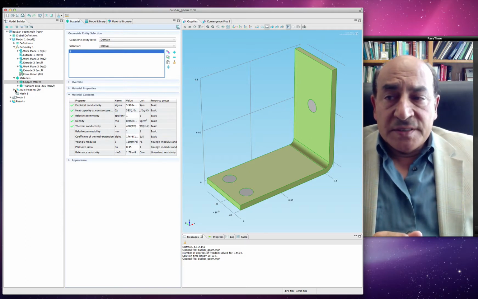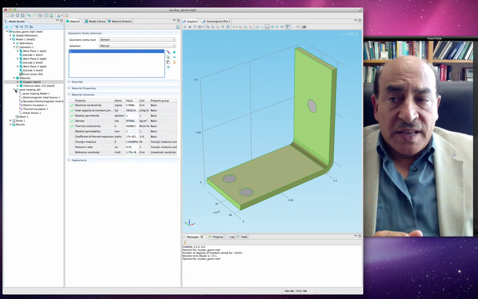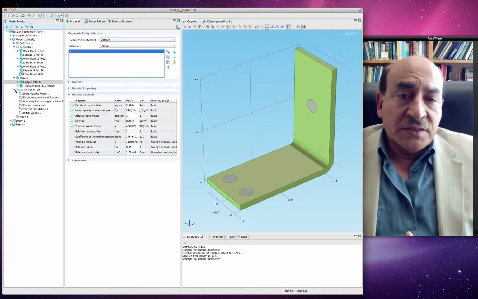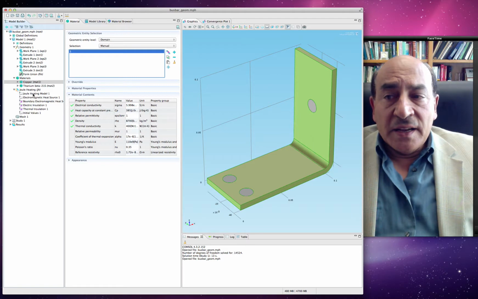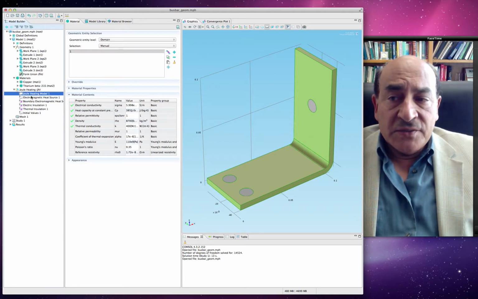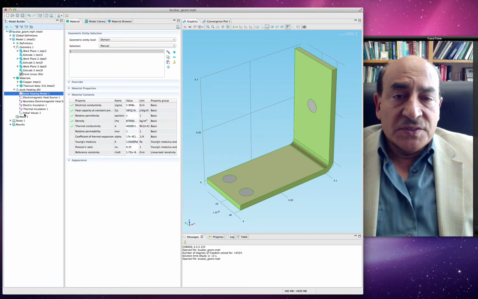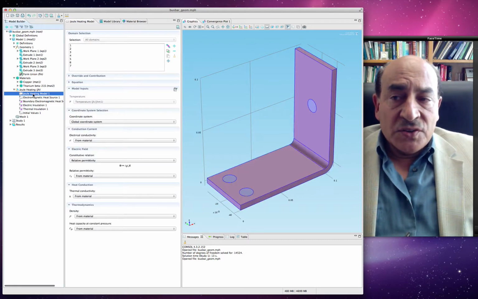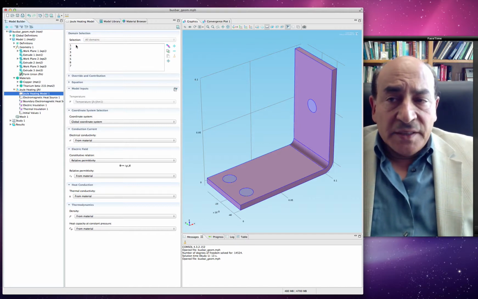Now I go to the physics. Next step is the subnode for the physics, and try to figure out what's going on there. First I check on the defaults. So I have a whole bunch of defaults there under Joule heating. The first one is Joule heating model 1, and it applies to all domains, and it needs the electrical conductivity, and it needs the permittivity, and it needs thermal conductivity, and it needs the density, it needs the specific heat.